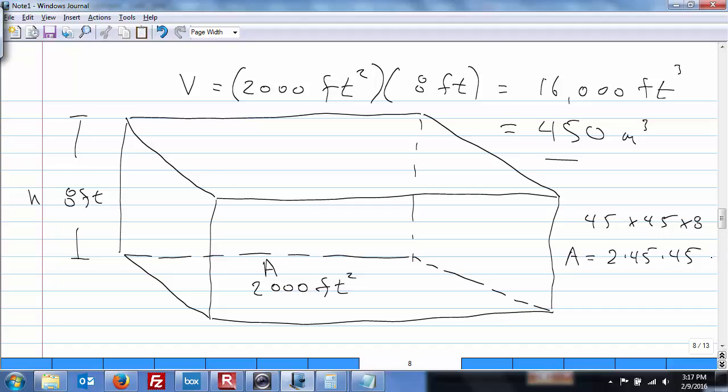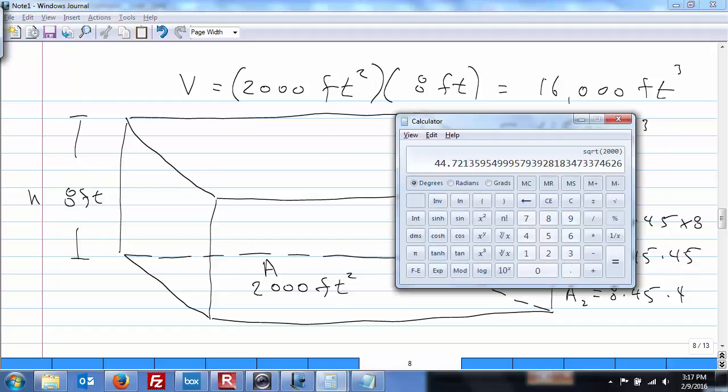That's the roof and the floor. And then A2 equals 8 times 45 times 4. So that's the area of all the walls.